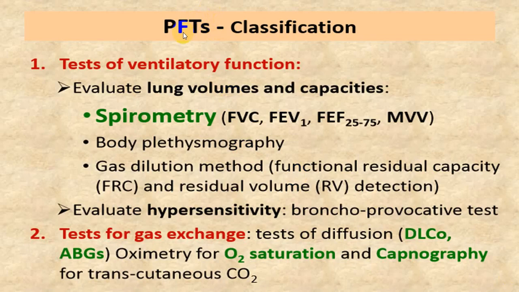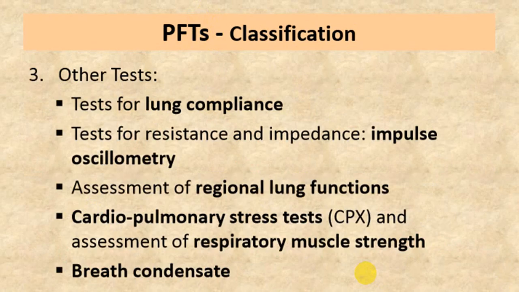Basically, in a pulmonary function test, we include spirometry and peak flow rate. Another test which is very helpful is the ABG study, and for diffusion, DLCO. Then there are lung compliance test, impulse oscillometry, regional lung function test, cardiopulmonary stress test, and breath condensate test.